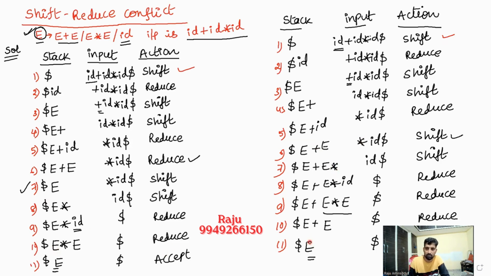So this is called a shift reduce move where the parser will go either this way or that way. So this is a way to produce a shift reduce conflict. Okay. So one of the important things is that whenever you have E plus E, you convert it as E, and E plus E star is converted as star. Okay. So this is called a shift reduce conflict.